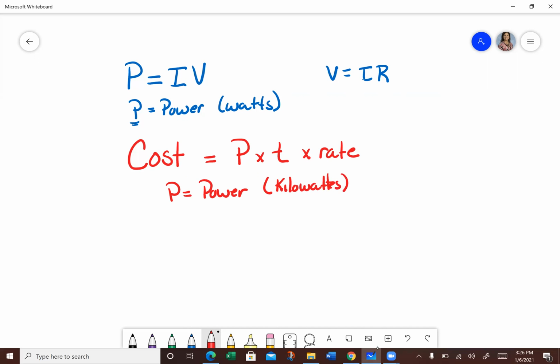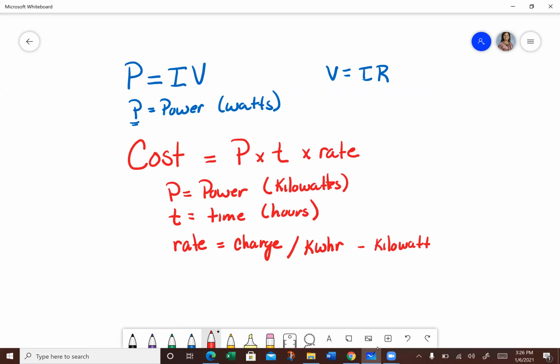T is how long did you use it, and that needs to be in units of hours. For us, we're going to do it per month. You can say per day or things like that. And your rate is how much you are charged per kilowatt hour.